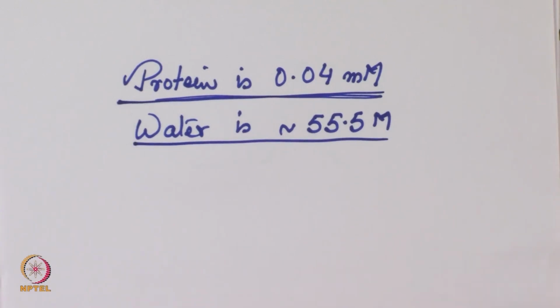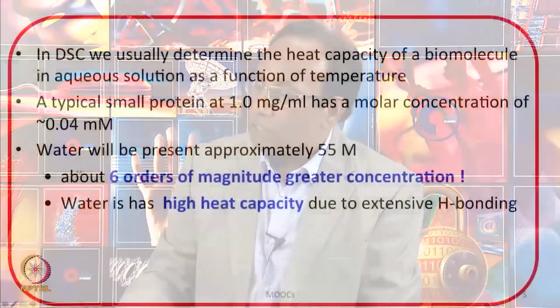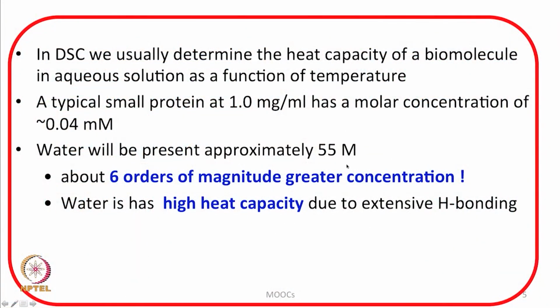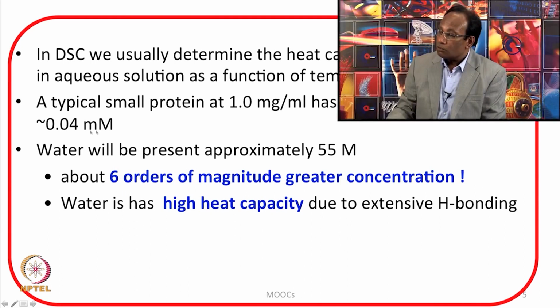And that is done by putting the reference solution in the reference cell. We will discuss more about that. So, that is what I was commenting upon, that water will be present at approximately 55.5 molar level, which is about 10 raised to the power 6 times the concentration of the protein.